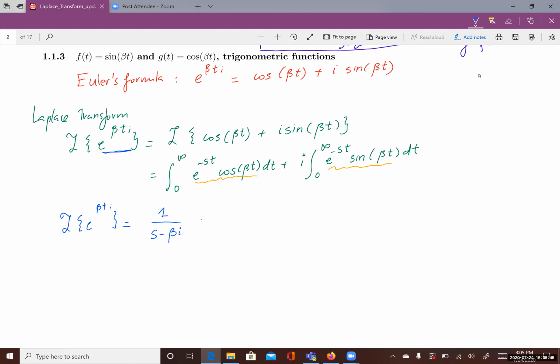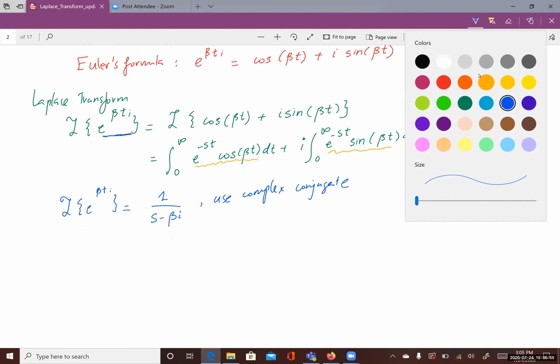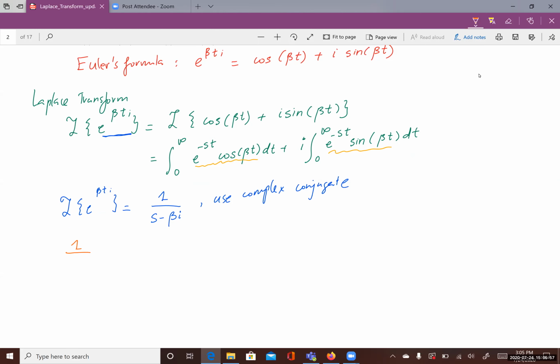So multiply. We will have 1 over s minus beta i multiplied by s plus beta i over s plus beta i.